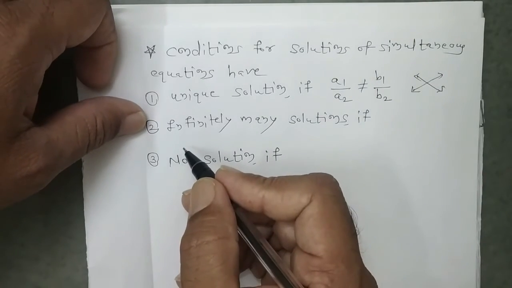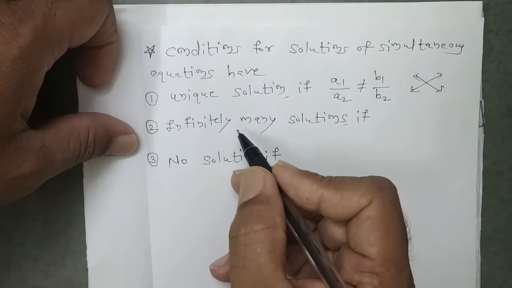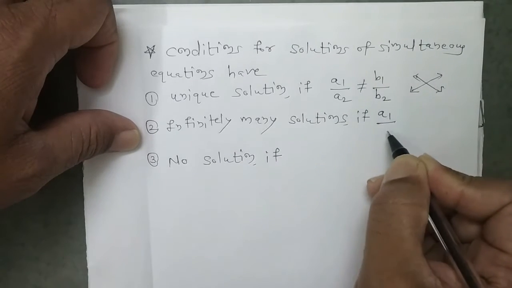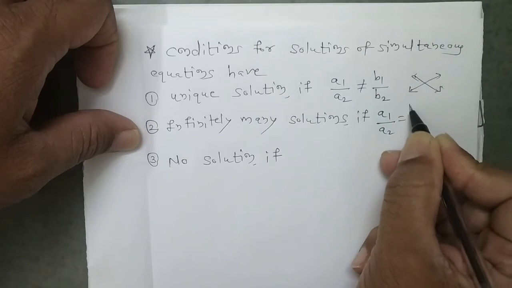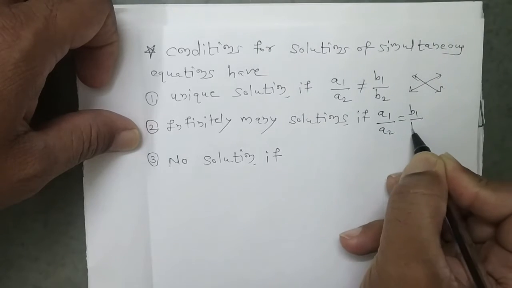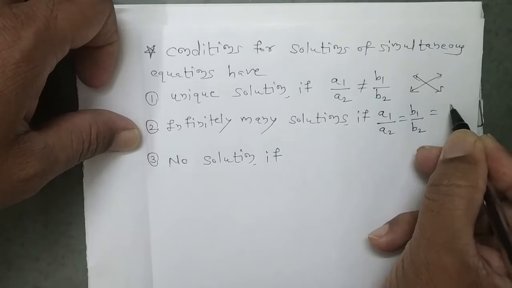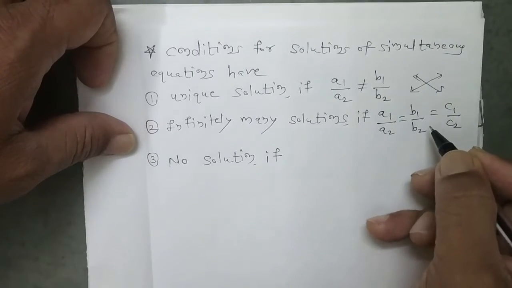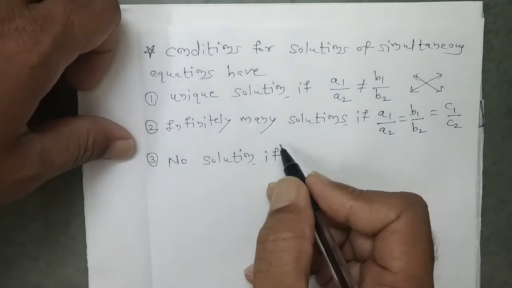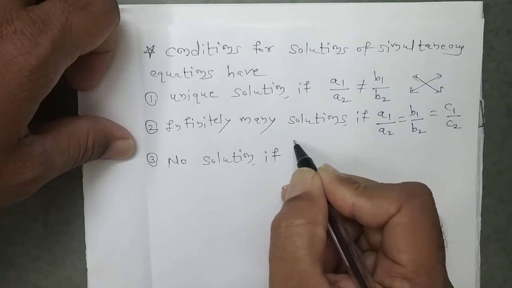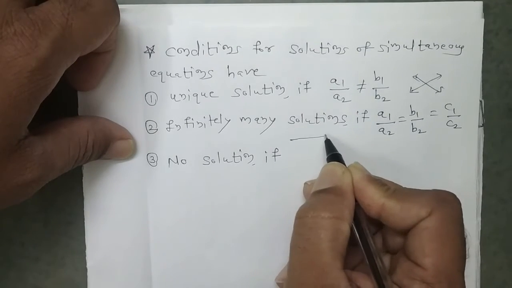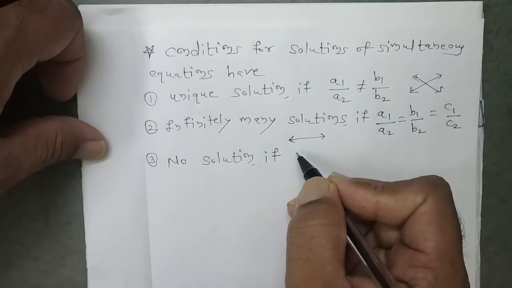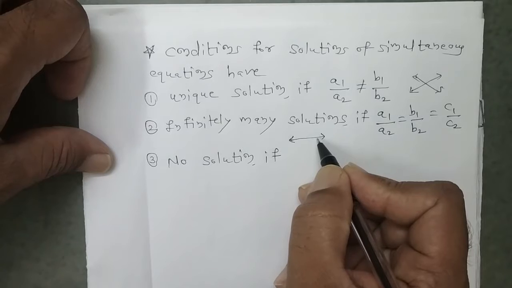Now second, there are infinitely many solutions if a1 upon a2 is equal to b1 upon b2 is equal to c1 upon c2. That is, if we plot a graph of the simultaneous equations, they overlap each other.